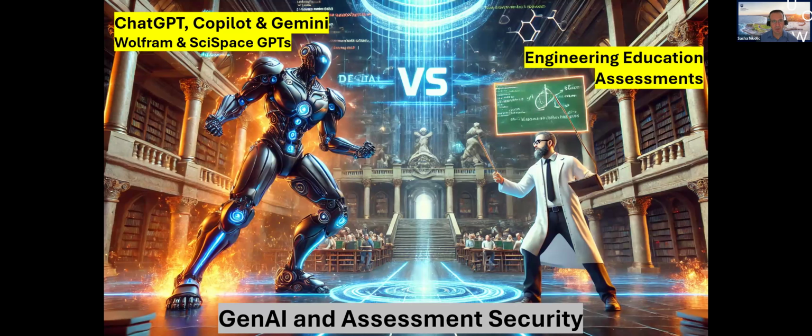The reason why we chose these is that we had limited time frame to look at all possible Gen AI models. But in addition to those 3 models, we've also looked at the Wolfram and SciSpace GPTs, and GPTs is OpenAI's wording for plugin.